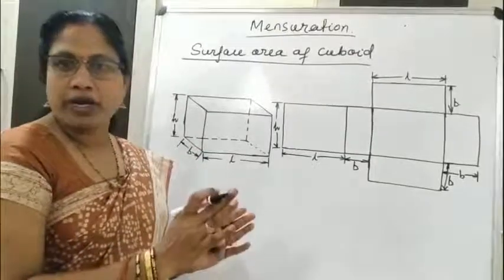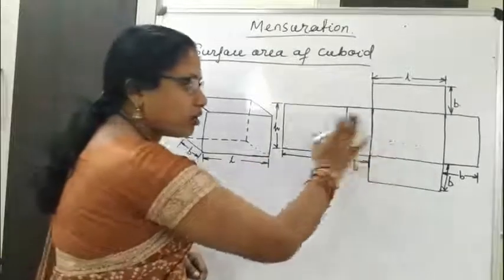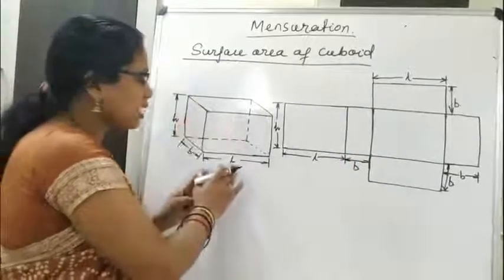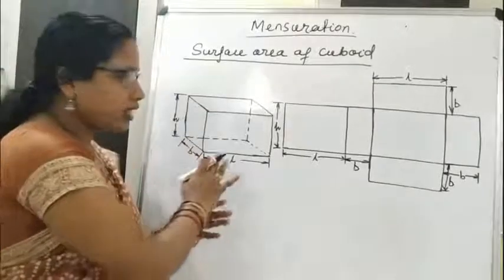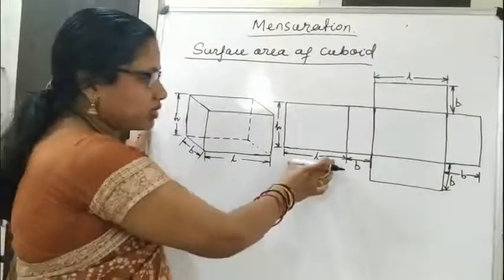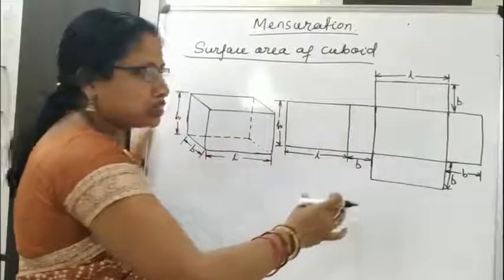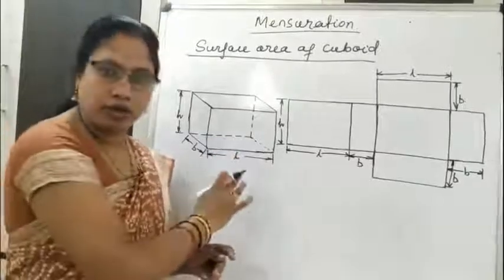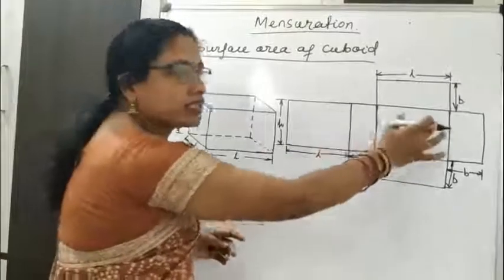If we open a cuboidal box, then the 6 surfaces of the box will open like this. If the cuboidal box has length L, breadth B and height H units, then these open surfaces have these dimensions, like this is L, this is H, this is B. If we want to find the surface area of a cuboid, then we have to add the area of all the 6 faces.